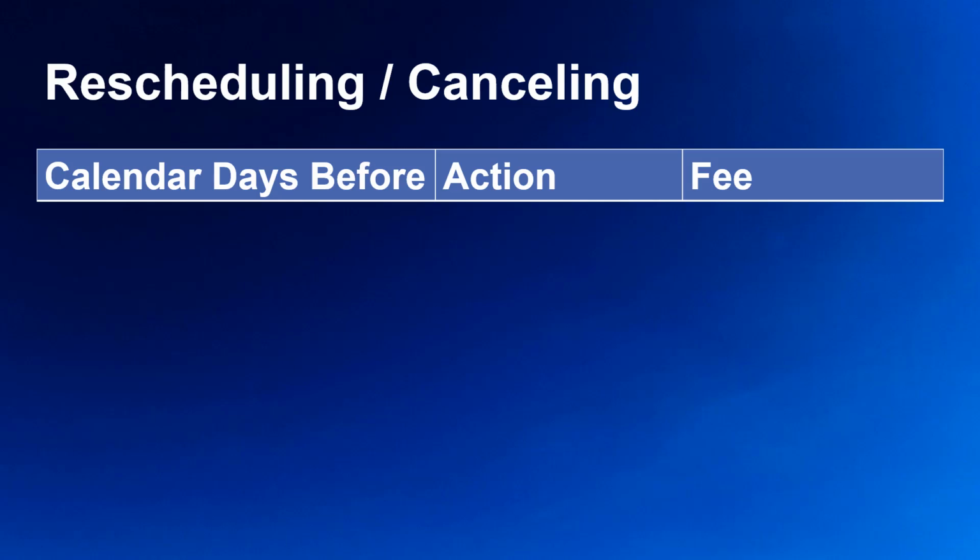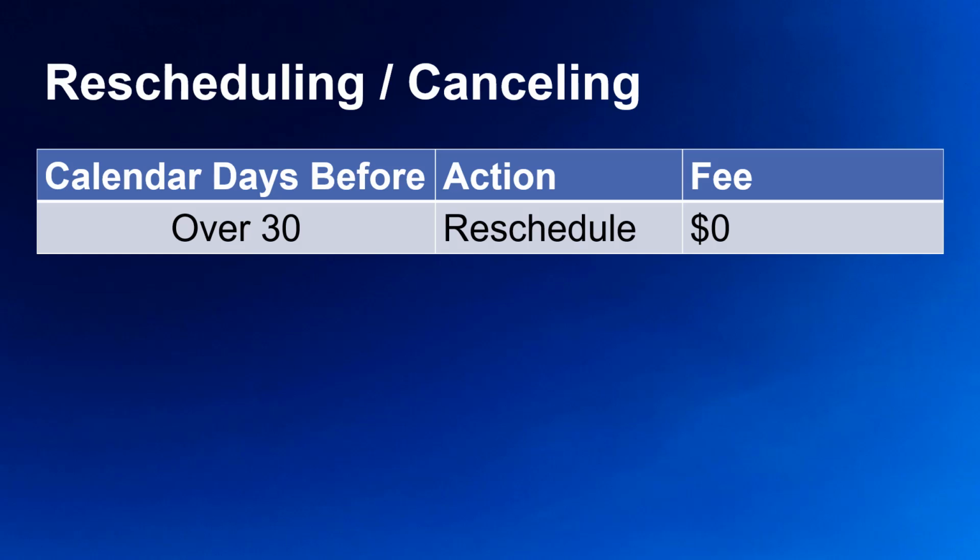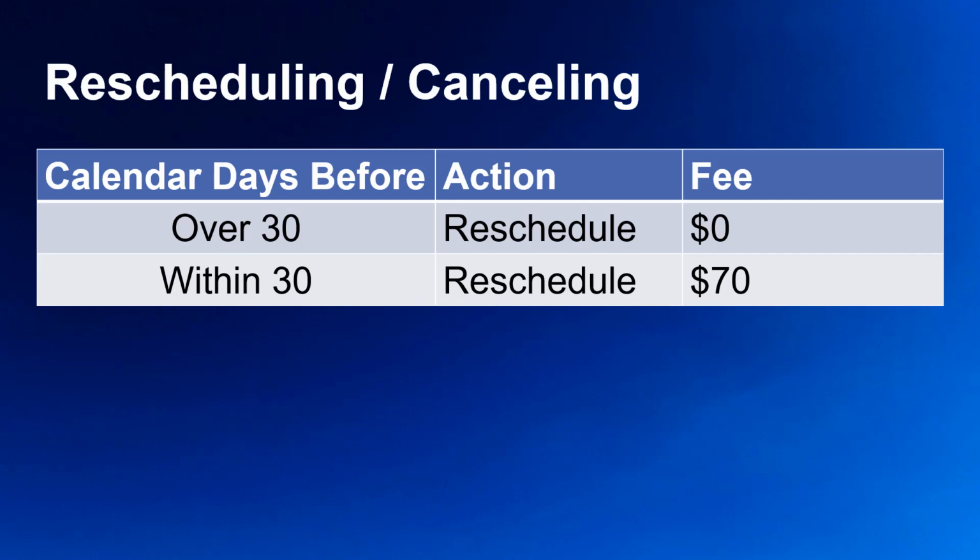There are hundreds of reasons why you might need to reschedule your exam, and PMI has rules and fees for rescheduling. Here they are. If you reschedule your exam 30 or more calendar days before the exam, then everything is fine. There is no fee to be paid. You can just do the rescheduling. If you need to reschedule your exam within 30 calendar days before the exam, then you have to pay a $70 rescheduling fee.